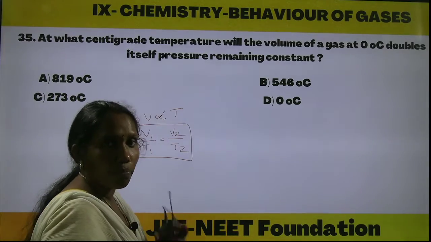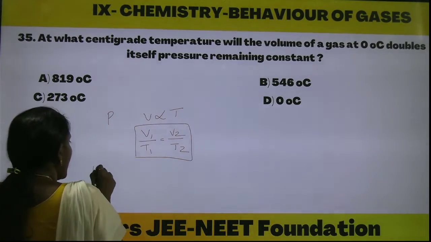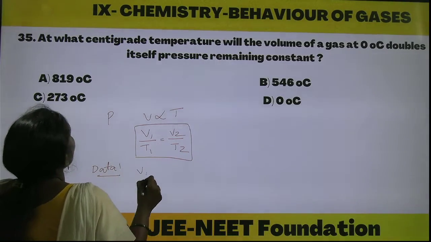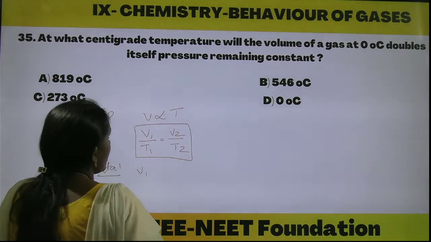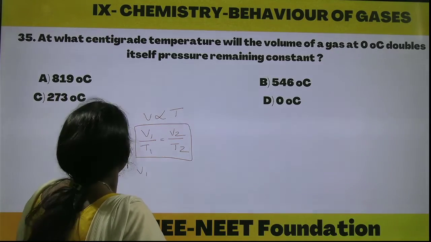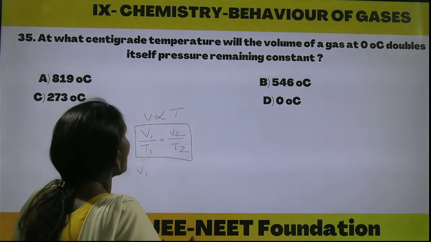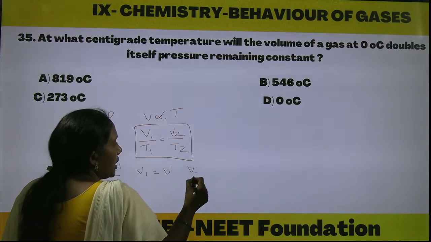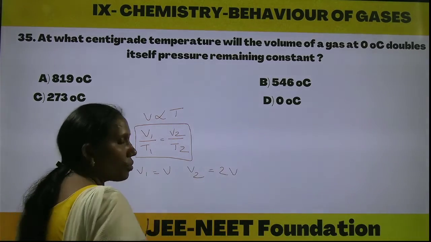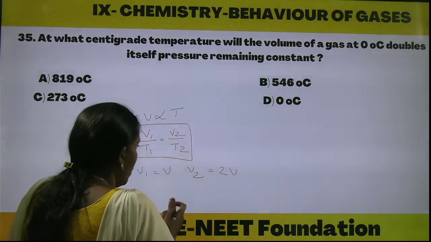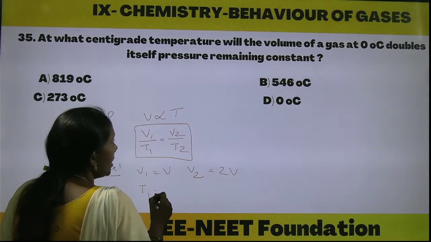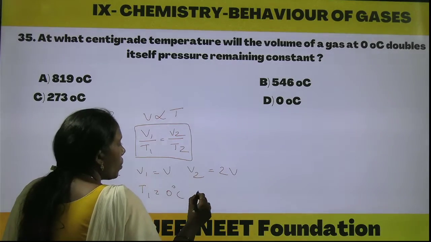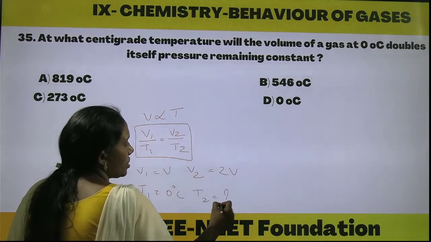So what is the data given? V1 is V, then V2 equal to 2V, then T1 is 0 degrees Celsius. At 2V, what is the temperature he is asking.